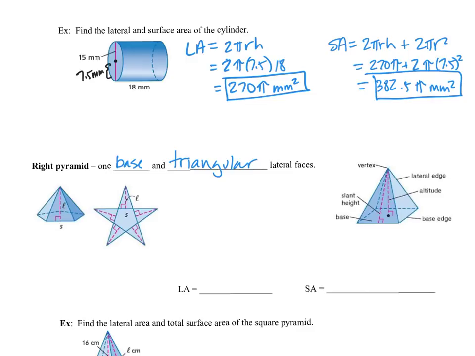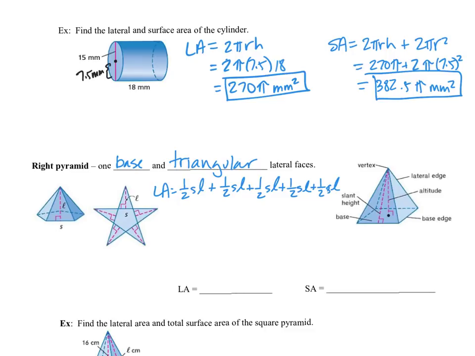So the lateral area is going to be 1/2 S times L. That's for one of those triangular faces, plus 1/2 S times L. That would be a second one. And we're going to do this a total of 5 times because there are 5 triangular faces, each of which has a base of S and a height of L.